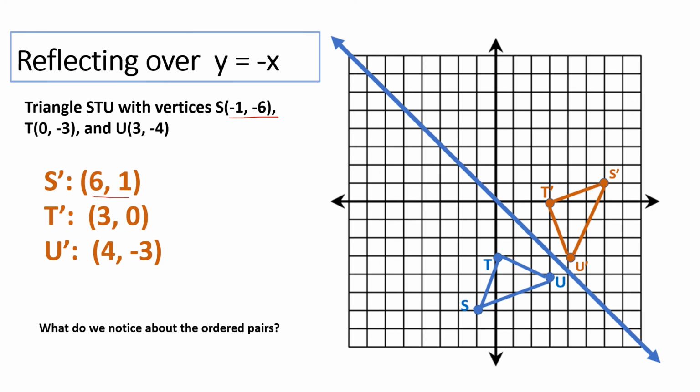Let's look at T. T is (0, 3). Now it is (-3, 0). U is (3, -4). Now it is (4, -3). So as you can see, our x and y values have flipped, but the signs also change. That 3 becomes negative. That -4 becomes positive. So when you're reflecting over the line y equals -x, not only do you flip the ordered pairs, but you change the sign as well.